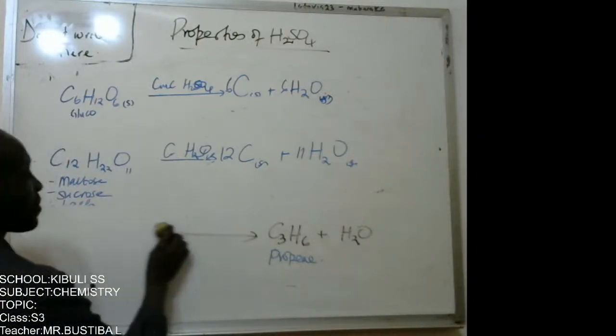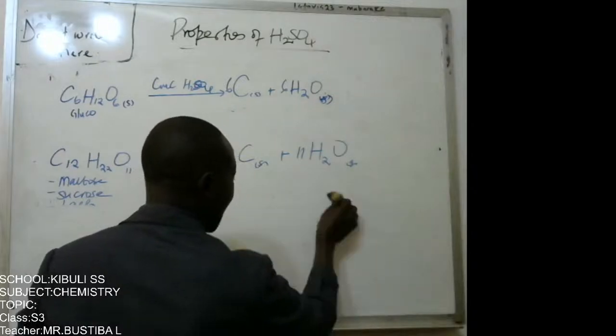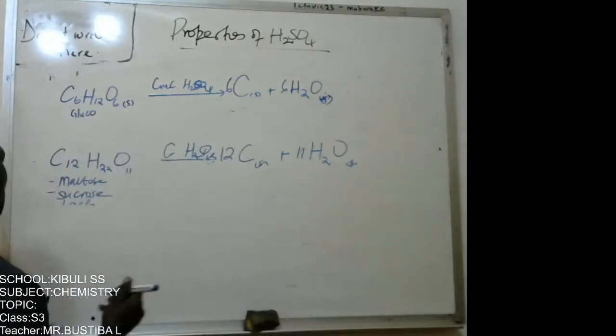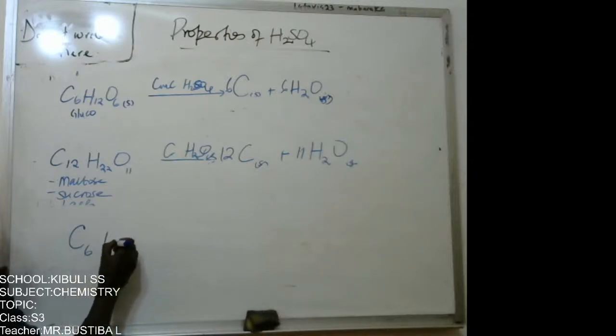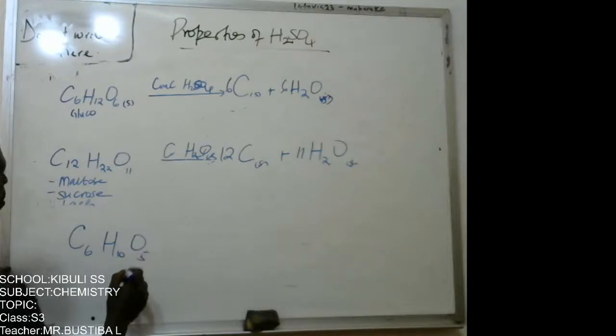Say they have given you starch, which is not most likely. What's the formula for starch? I think starch is something with C6, H10, O5, something like that. So you have to dehydrate this one.